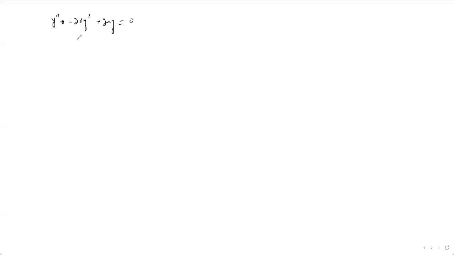Now the equation will become the summation m running from 0 to infinity of cm (m plus r)(m plus r minus 1) x raised to power m plus r minus 2, right?